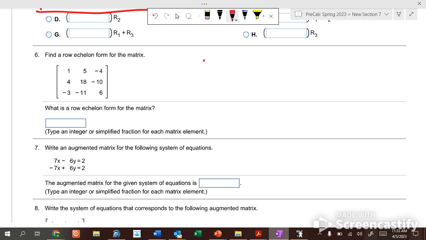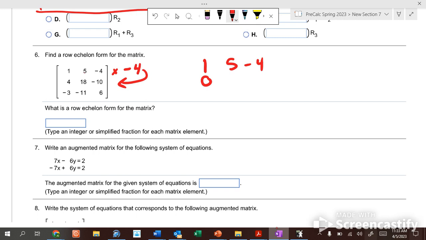Well, I have 1, 5, negative 4 first. We already have that. So then I have to take row 1 times negative 4 and add it to this row to get a 0 here, right? So if I take 1 times negative 4 and add to 4, we get 0.